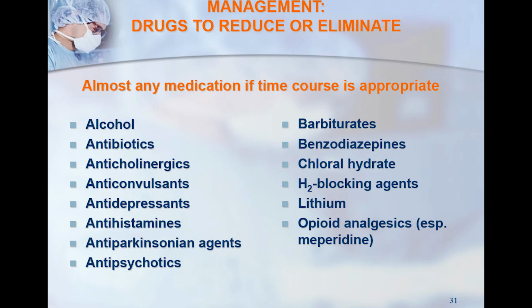Antipsychotics, phenobarbital, benzodiazepines, even H2 blockers can precipitate delirium. Of course, if they have been taking them for a long period, they may not be the immediate cause. I mean, they are a risk for delirium too.